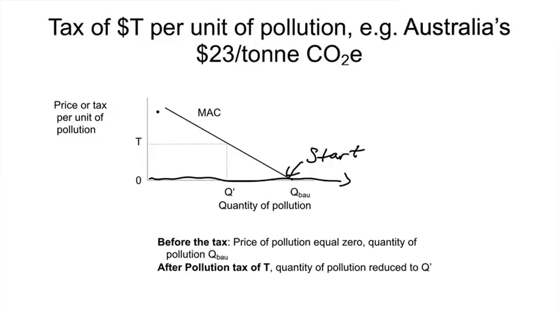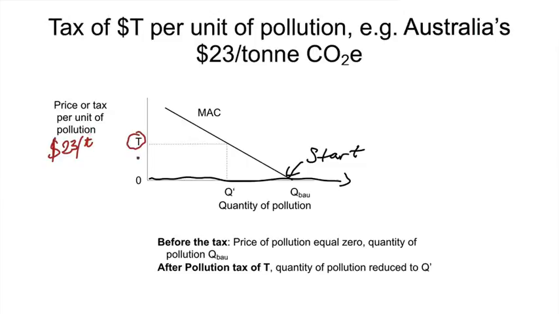So what if we put on a carbon tax? So we're going to put on a carbon tax here of T. So in a country like Australia, that's $23 per tonne of CO2. And so then all businesses that pollute and are subject to this tax have to make a decision.